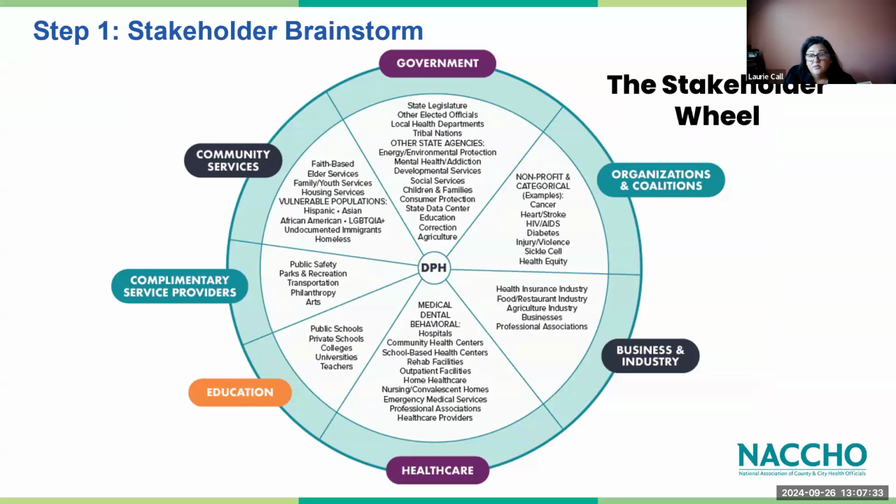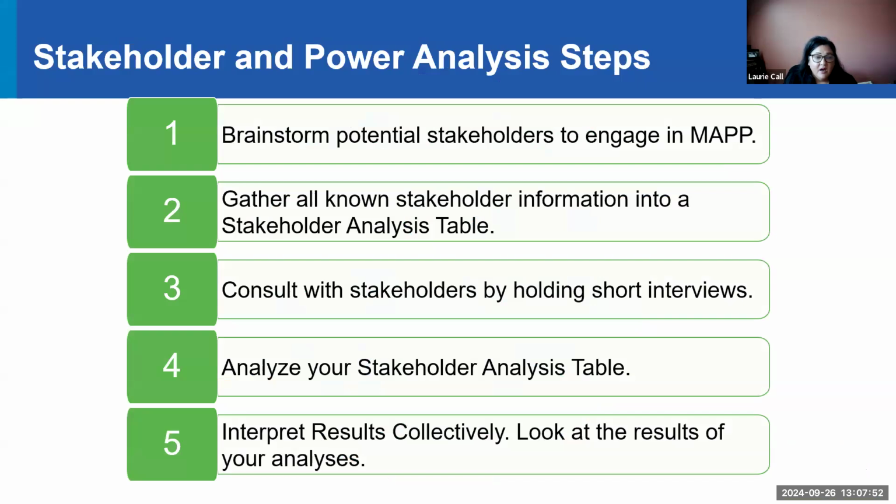Because we all have the usual suspects you've been engaging for 30 or 40 years from your health department, but are there any other organizations or groups or entities that you might want to engage? Maybe some folks who are not traditional in terms of who you always invite or bring to the table.